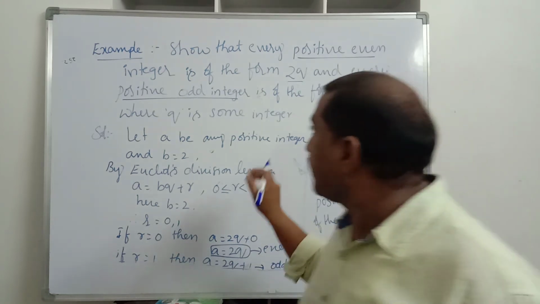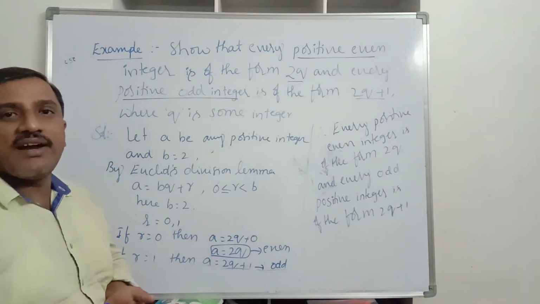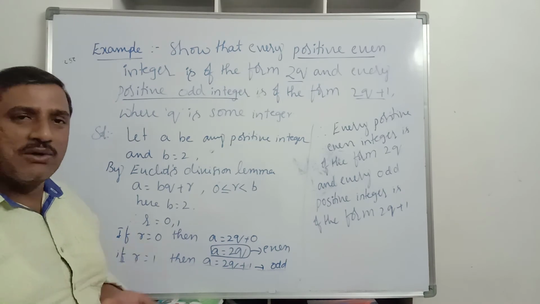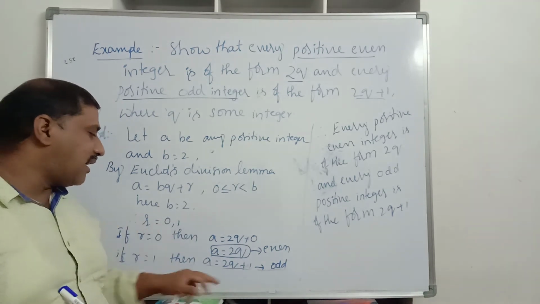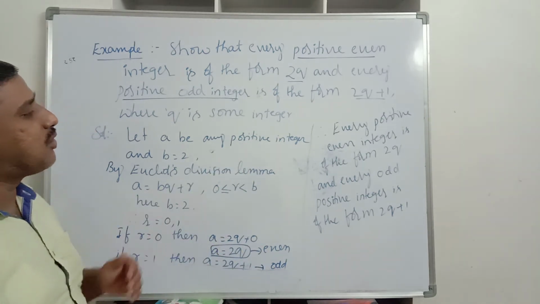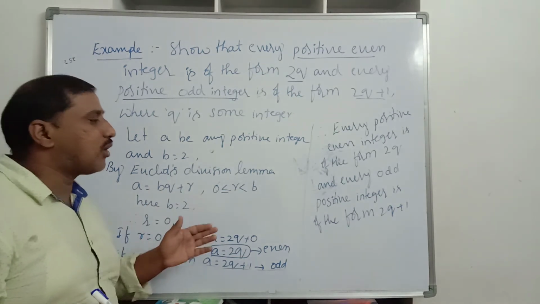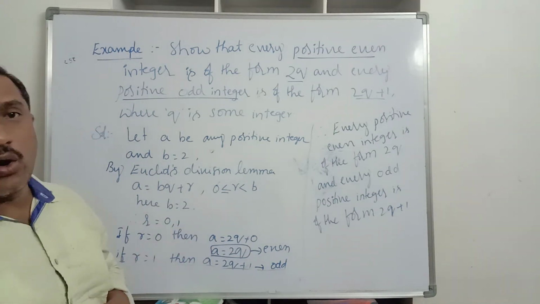So like this we can prove this statement. As we know, when we divide any number by 2, if it leaves remainder 0, those are even numbers, and if it leaves remainder 1, those are odd numbers. So every positive even integer is of the form 2q, and every odd positive integer is of the form 2q plus 1.